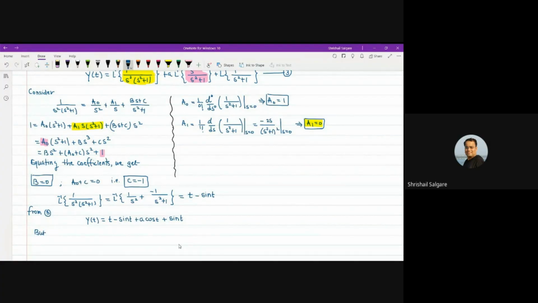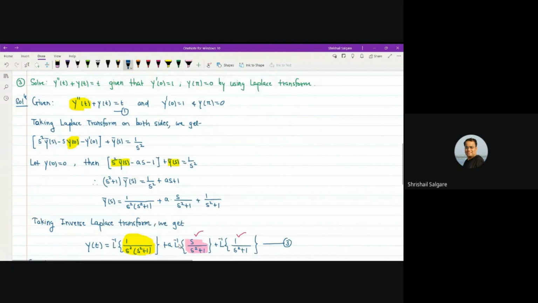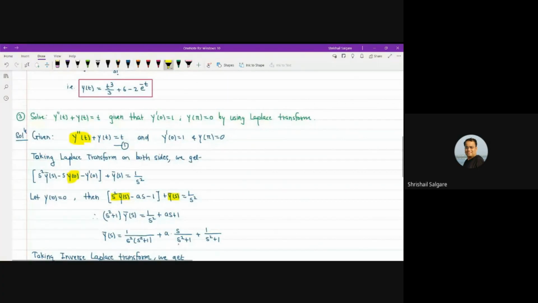y of pi is equal to what is given? 0. If you look at the first one, y of pi is given as 0, that I am highlighting.